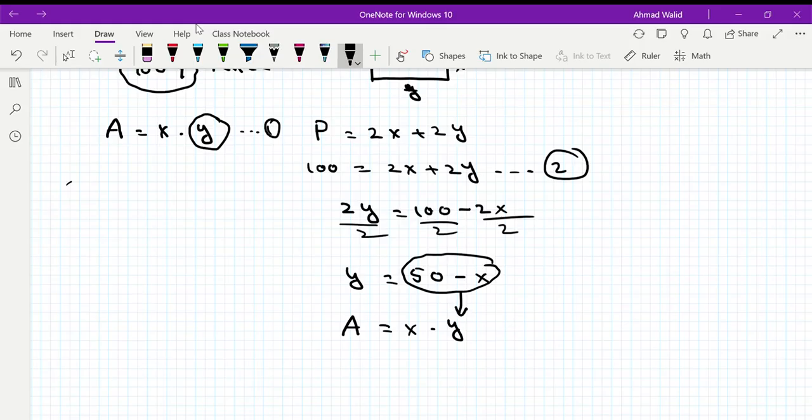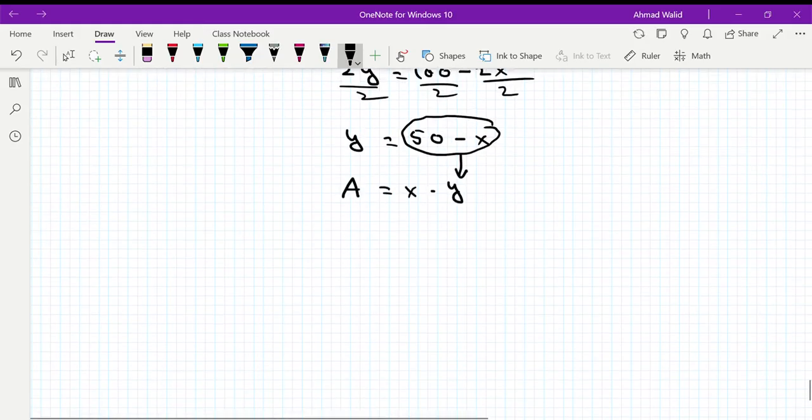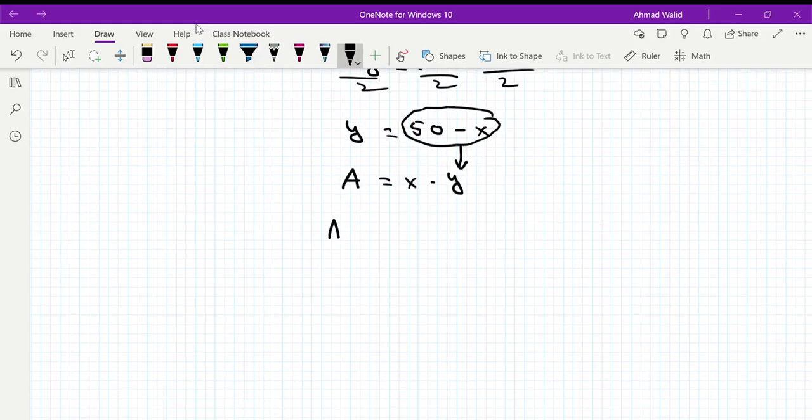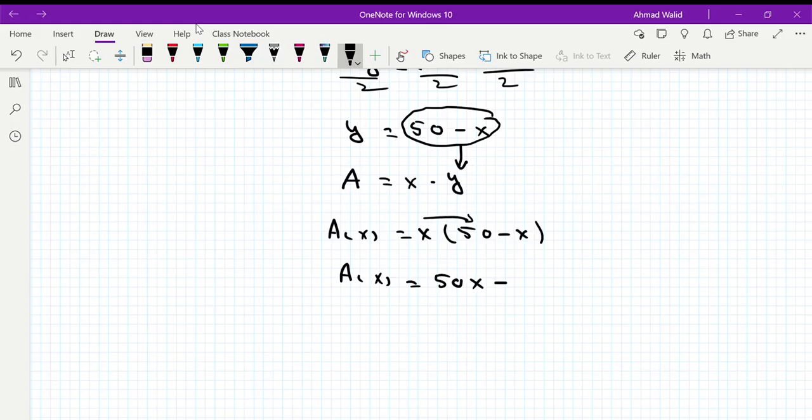Bring this one in for y. Then you can write A of x equals x times 50 minus x, which gives you A of x equals 50x minus, if you distribute the x, minus x squared. Or if you write it in a nice way, A of x equals negative x squared plus 50x.